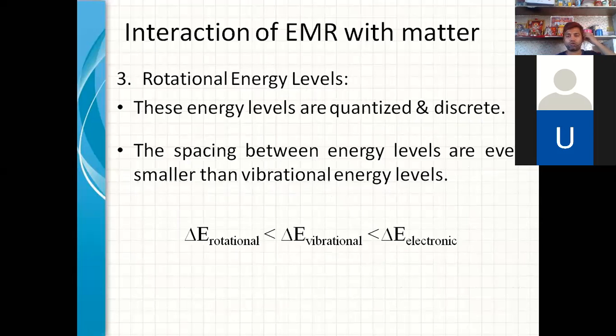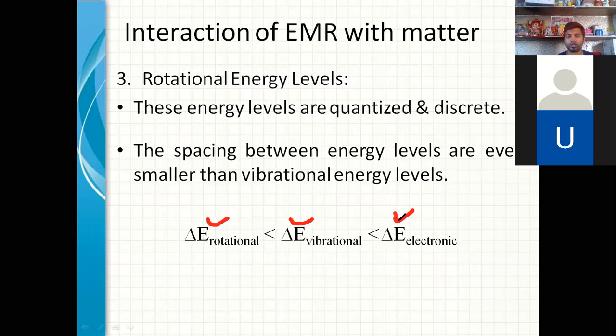So we can see here that rotational energy levels are lesser than vibrational energy levels, and vibrational energy levels are lesser than electronic energy levels or electronic transition levels. So these three we have.